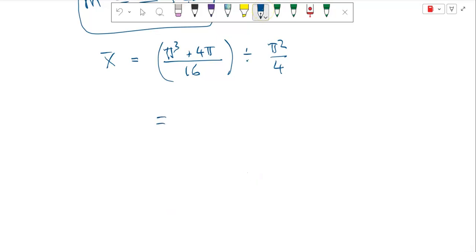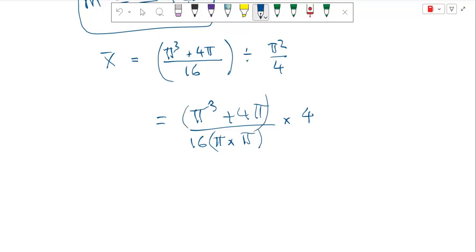Let's see what we've got. So we've got pi cubed plus 4 pi divided by pi times pi. We've got 16 here, and we've got times 4 here. Right, let's put this in brackets. The 4 and the 16 cancel out, and that gives me that.